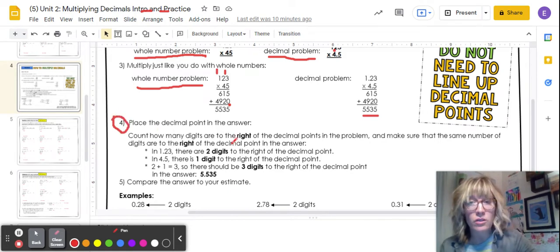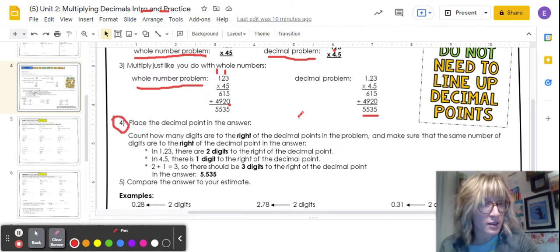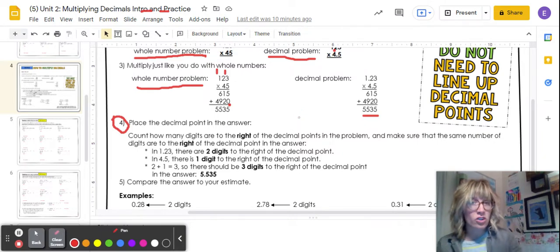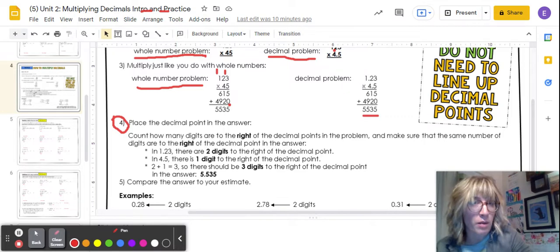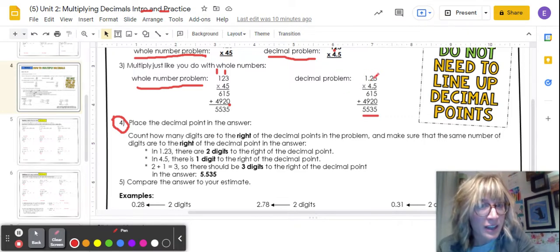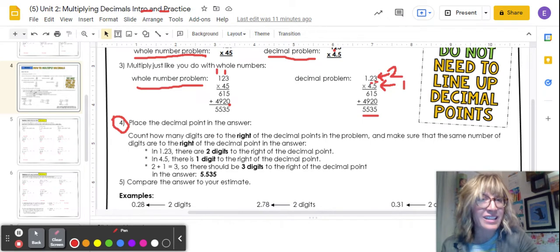The way that we do that is we can count how many digits are behind each of the decimals in the original problem. In 1 and 23 hundredths, we have 2 digits behind the decimal point, the 2 and the 3. Here we have the 5, so we have 1 digit behind the decimal point.